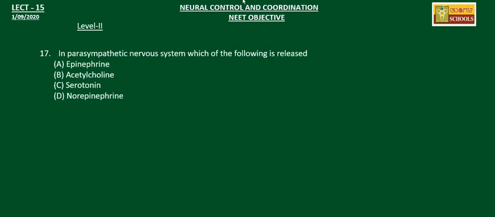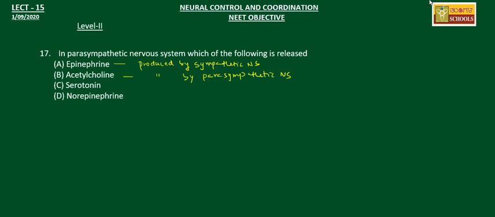The next question: in the parasympathetic nervous system, which of the following is released? The first option, epinephrine, is produced by the sympathetic nervous system, whereas acetylcholine is produced by the parasympathetic nervous system.